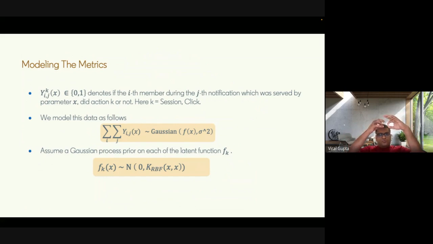They have to be related, because as I increase my threshold, my clicks will hopefully go down since I'm sending fewer notifications. So they are not random numbers. They follow a certain pattern, and I want to model that pattern through this kernel and learn the parameters of the kernel. If this is not clear, please ask questions.